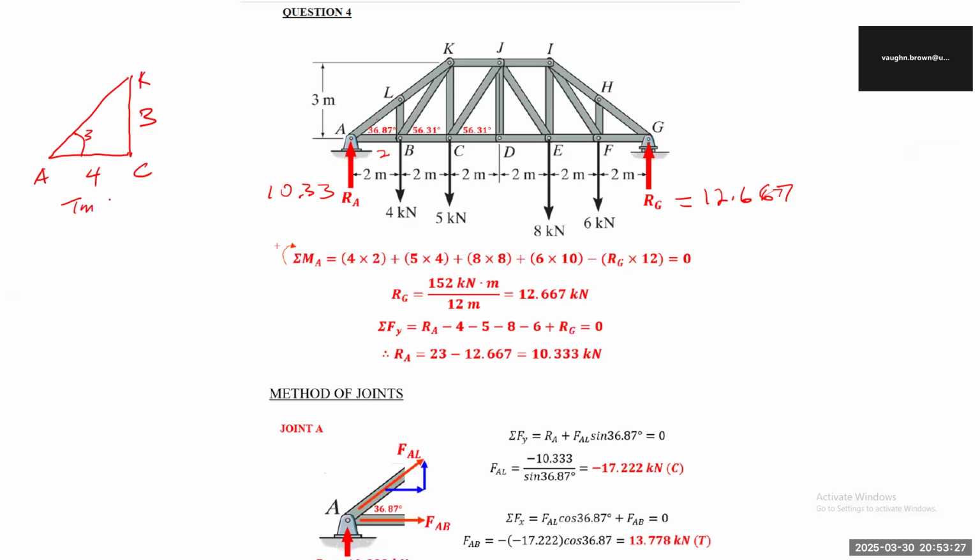The tan of theta here is going to be equal to 3 upon 4, opposite upon adjacent. So you get that your angle is 36.9 or 37, whatever you want to use. And right there, you have this angle here.